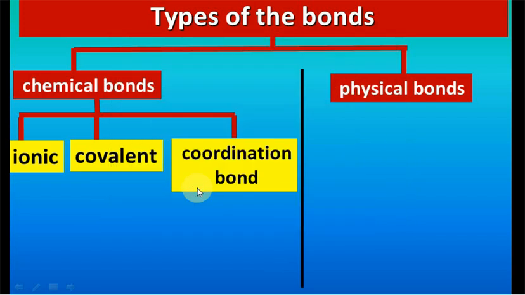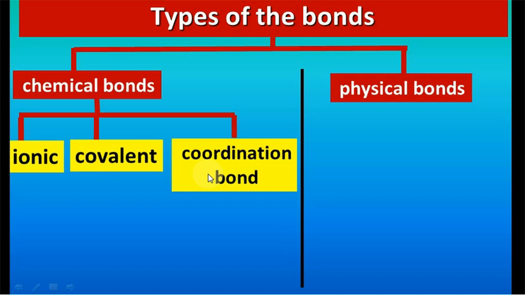Coordination bonds are a type of covalent bond, but the sharing in a coordination bond differs from the sharing in a covalent bond. In a covalent bond, one atom shares one electron and the other atom shares one electron. But in a coordination bond, the sharing is from one atom only.